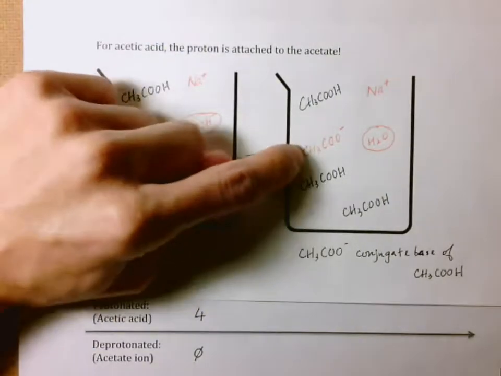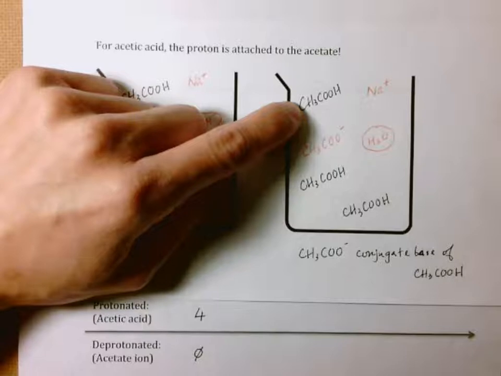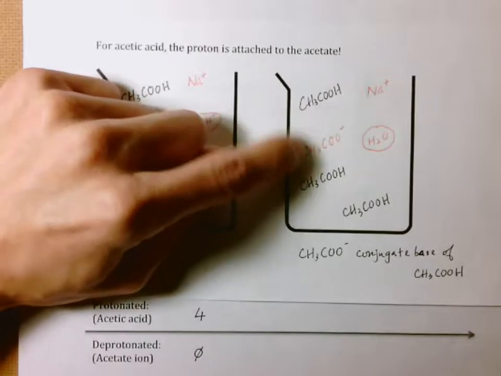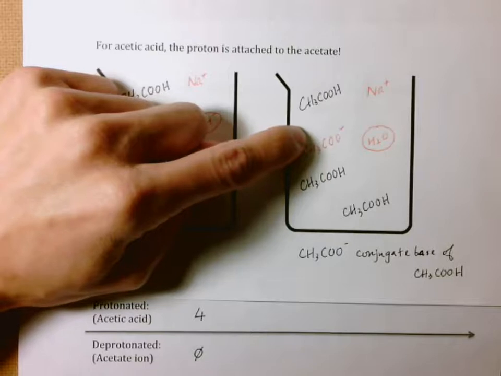The only difference between the acetate and acetic acid is that acetic acid has a proton. So the protonated form of acetate is acetic acid. The reason I use this term, you're going to see, ultimately it comes down to a so-called ratio.